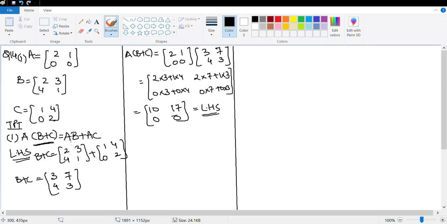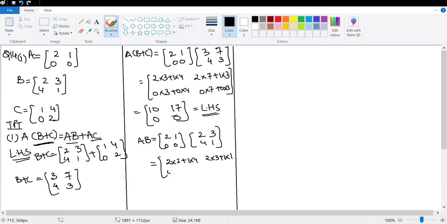Now right hand side there are two elements, so I'll solve them separately and then I'll add them in the end. So AB will be equal to 2, 1, 0, 0 multiplied with 2, 3, 4, 1. Let's multiply. Again, I'm not putting any arrows this time. So 2 into 2 plus 1 into 4 and 2 into 3 plus 1 into 1.